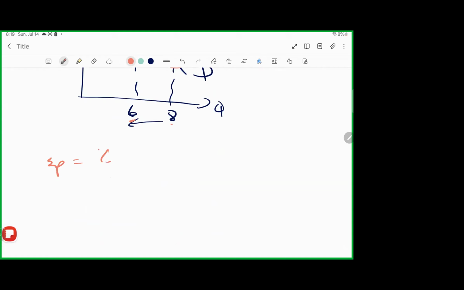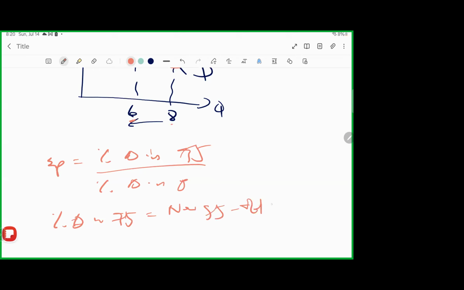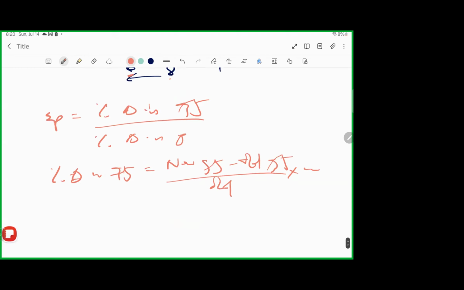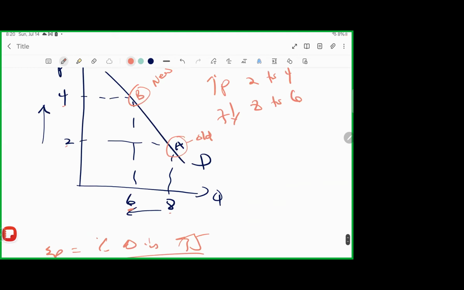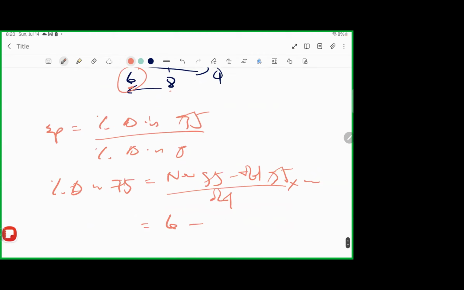it is the percentage change in quantity over the percentage change in price. The percentage change in quantity is the new quantity minus the old quantity, all over the old quantity, times 100. The new quantity is 6, so 6 minus the old quantity 8, all over 8, times 100.